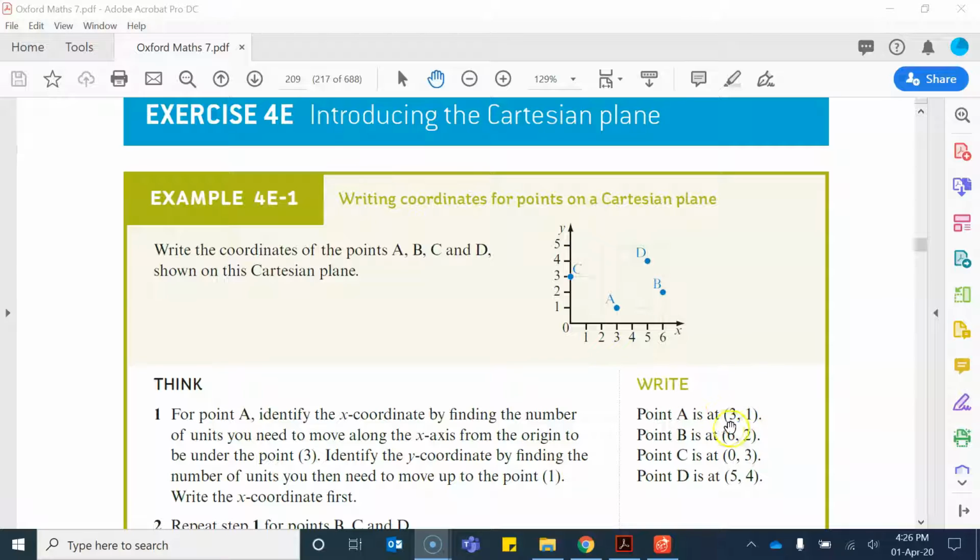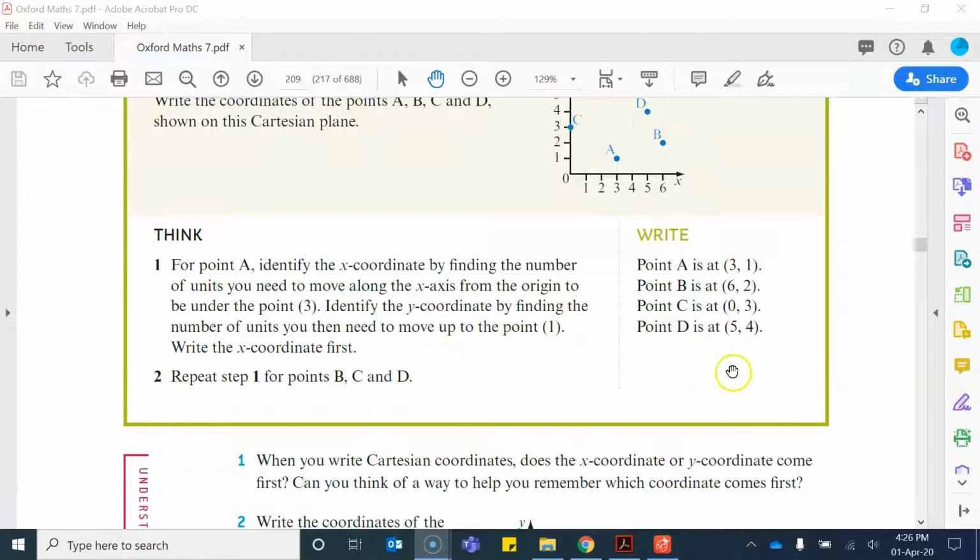So point A, which is at 3, 1, is 1, 2, 3 units across, 1 up. Point B is 1, 2, 3, 4, 5, 6 across on the x-axis and 2 up on the y-axis.